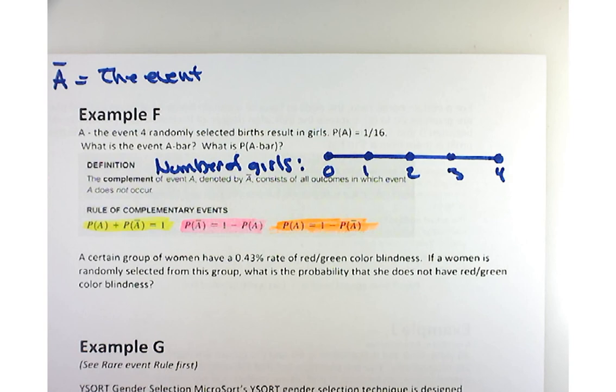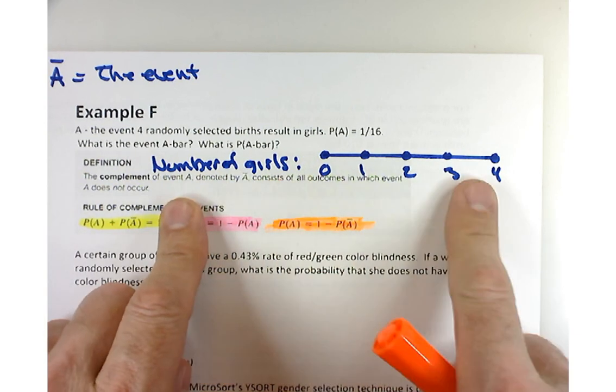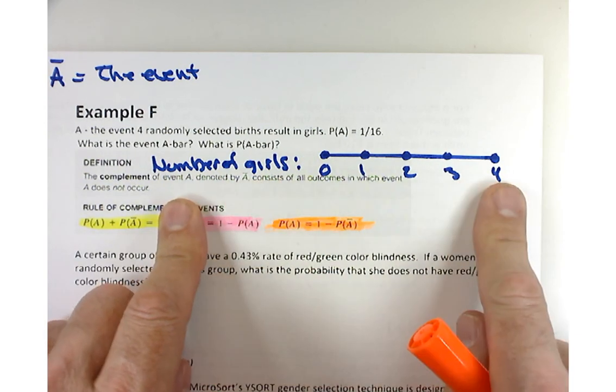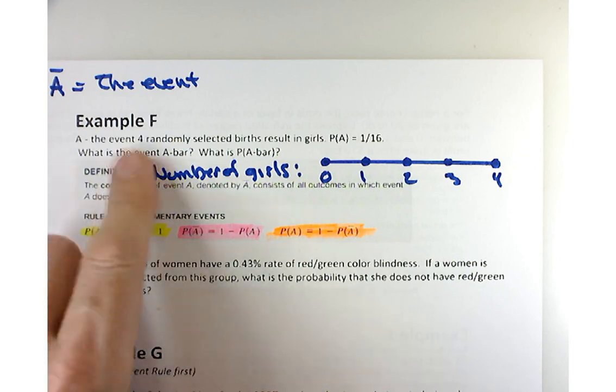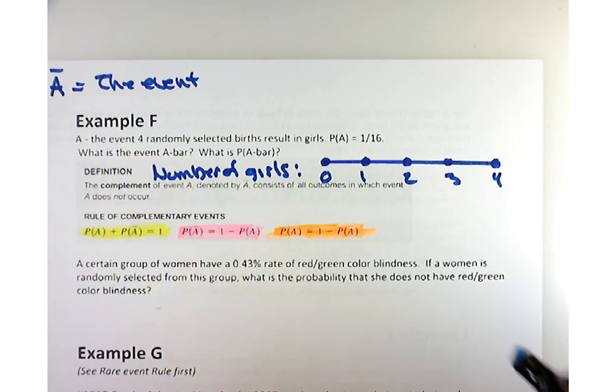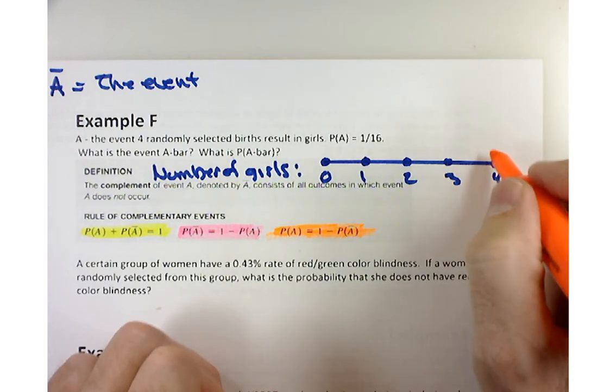We'll tell you what. Let's take a look at it this way. This number line represents the number of girls in our experiment. Event A, what would I have to circle for event A? How many girls do I have? 4. So this is event A, right here.